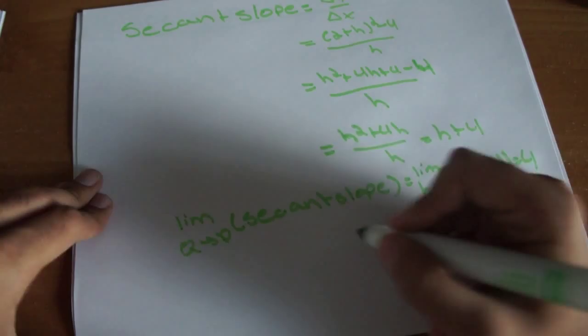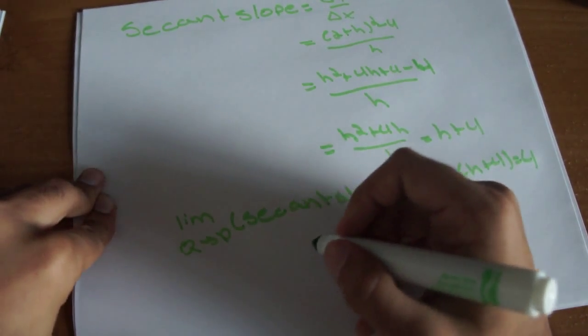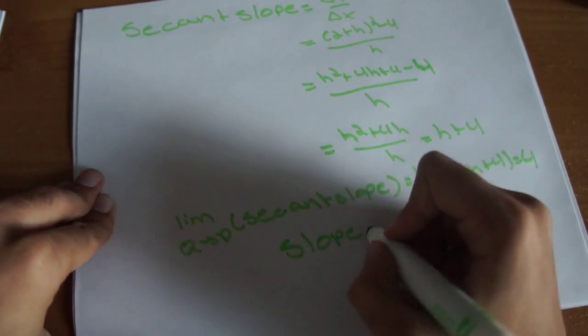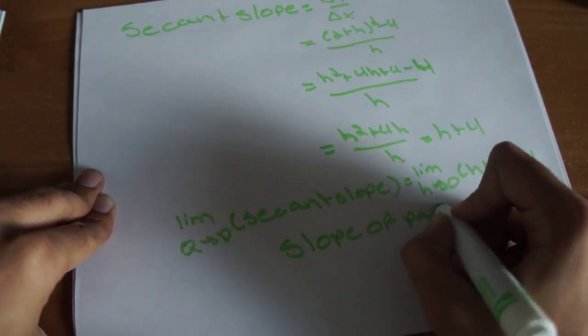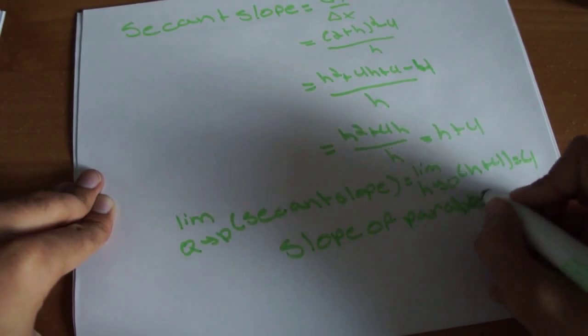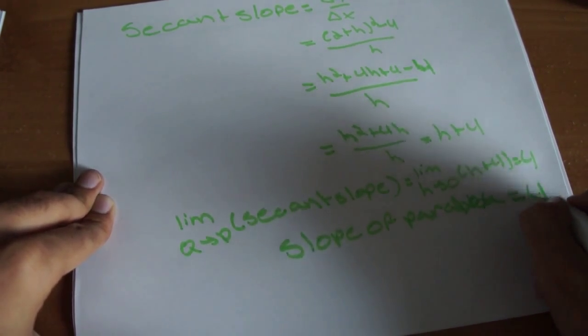According to Fermat, what we just did provides us with the slope of the parabola at P. So we got the slope of the parabola equals 4.